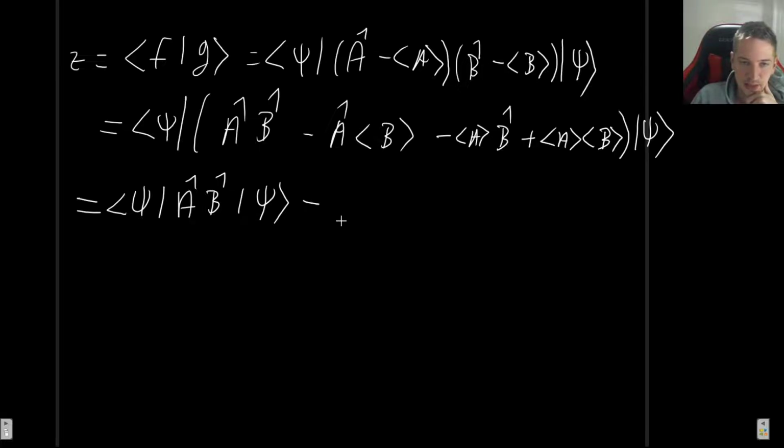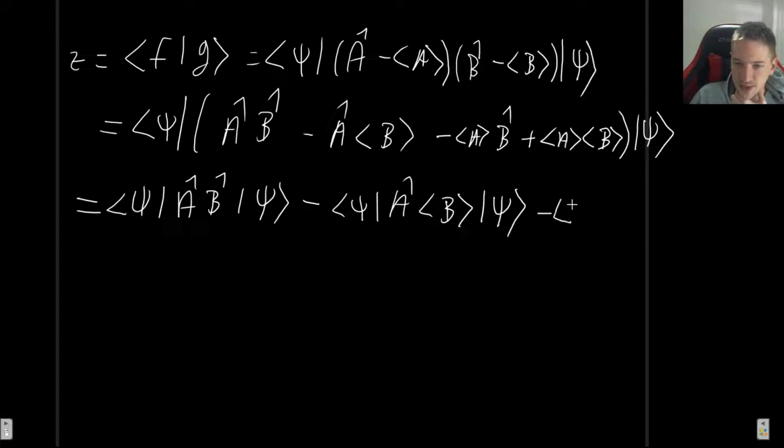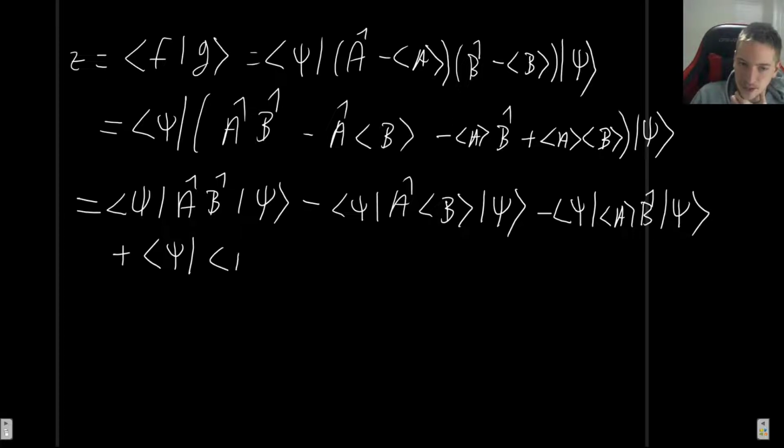Then we get minus, we can pull this constant minus 1 in front, psi, operator A, expectation value B, psi, minus, once again, psi, expectation value of A, operator B, psi, and finally we have plus bra of psi, expectation value of A, expectation value of B, psi.